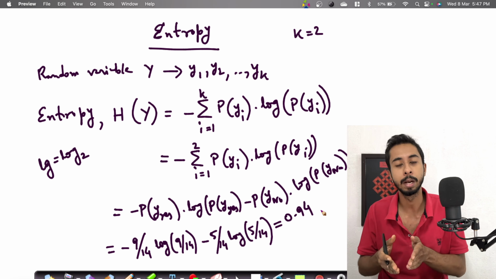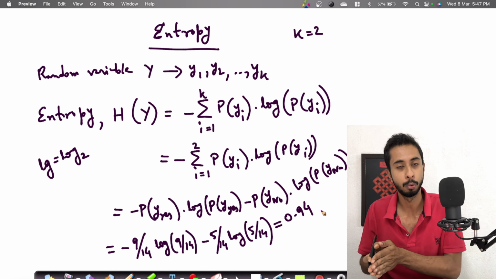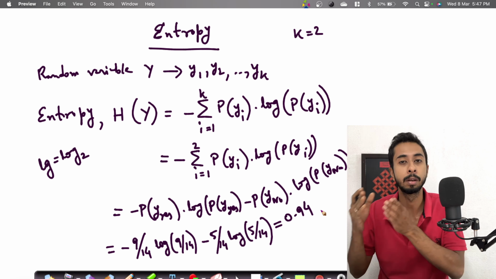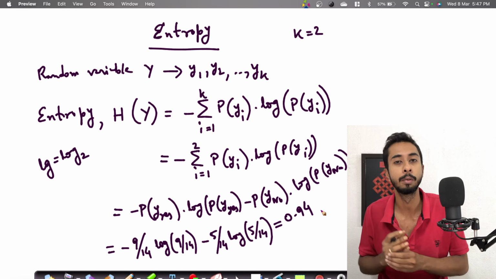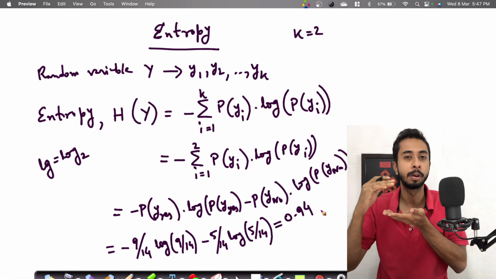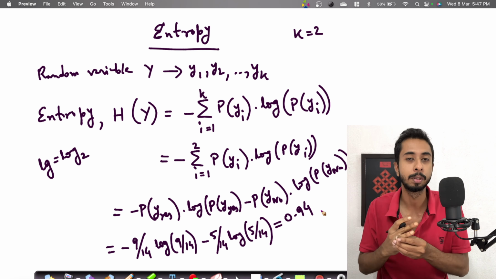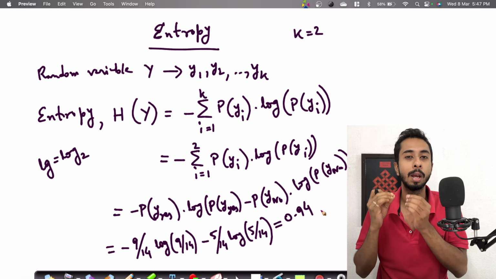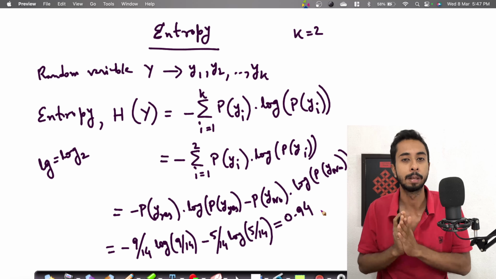First we'll divide the data set on outlook, then on temperature, then on humidity, then on windy. Whichever feature gives the maximum information gain, I will use that feature to split.